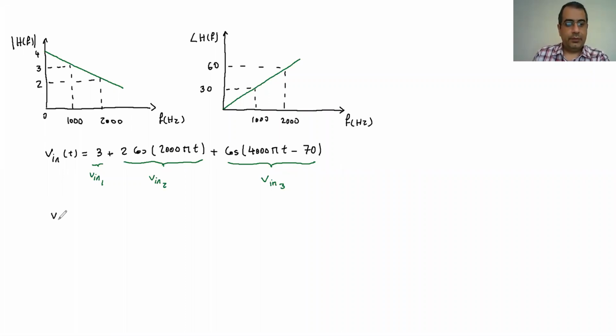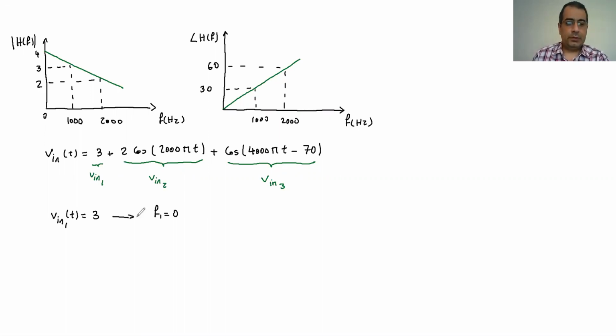For the first one, in the time domain it is 3. It's simple, it doesn't change and doesn't have any sinusoidal form. So f1 equals 0, because there is no sinusoidal wave in that.